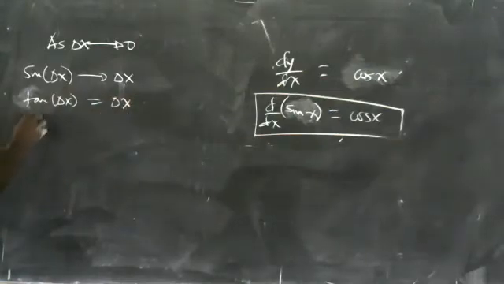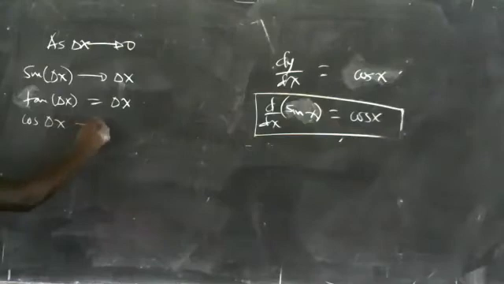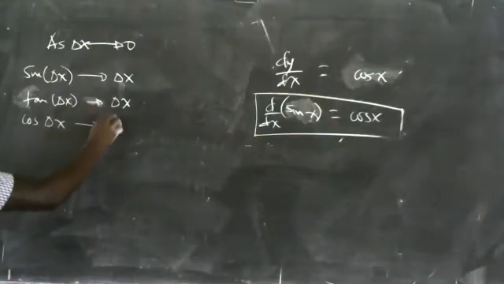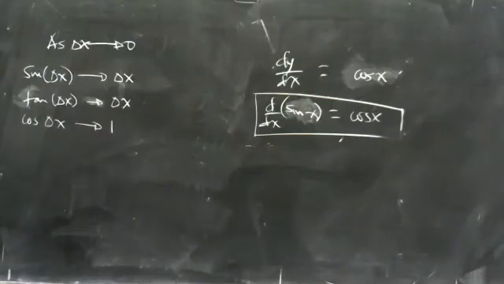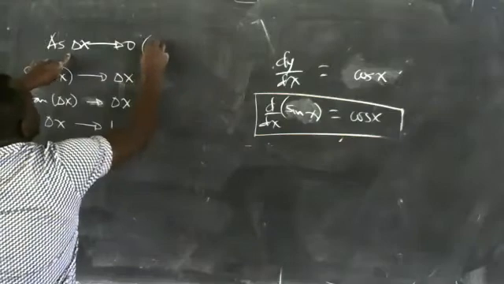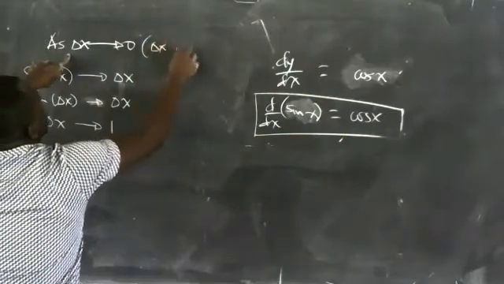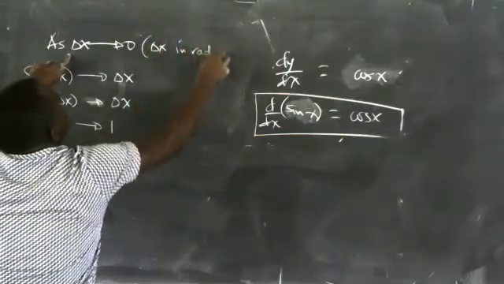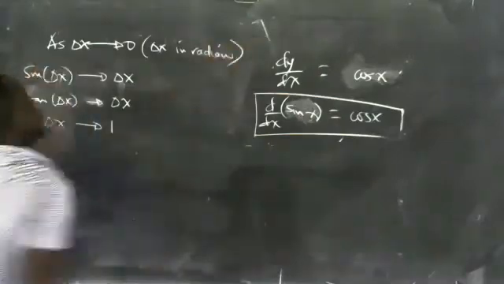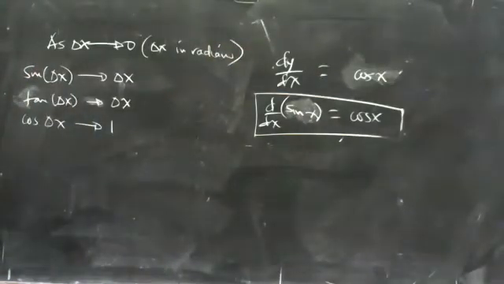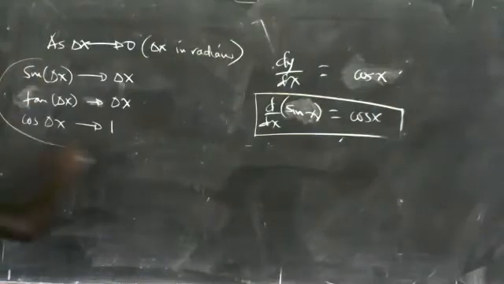But for cosine, this becomes a 1. The change in x is measured in radians. And this is the first case which I gave you, case 1.